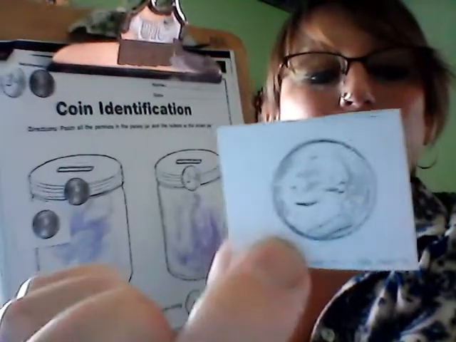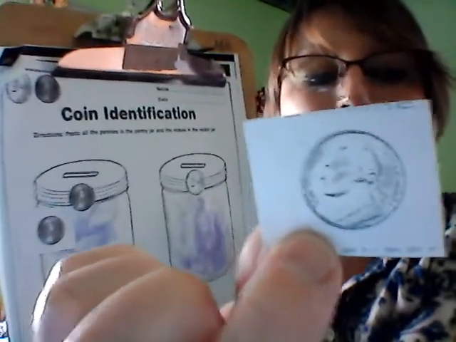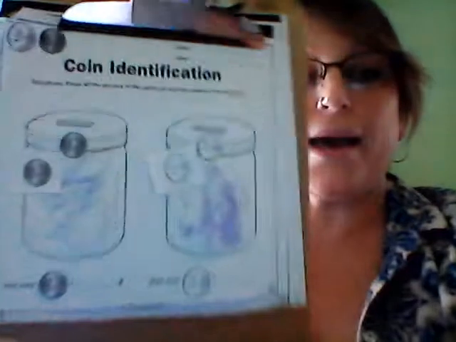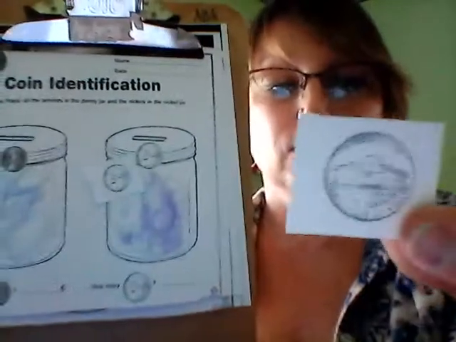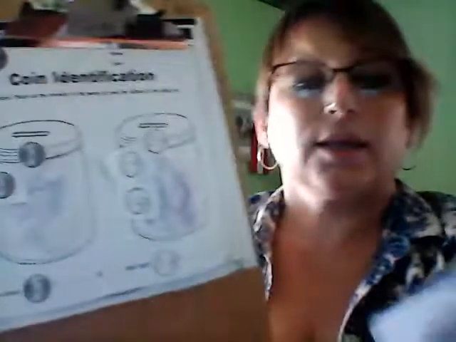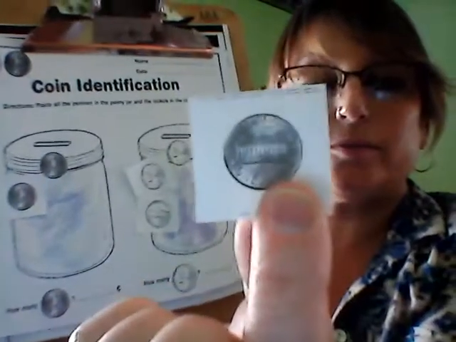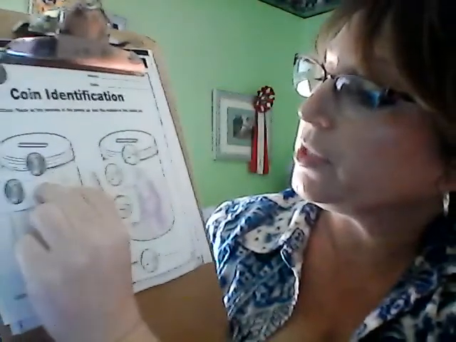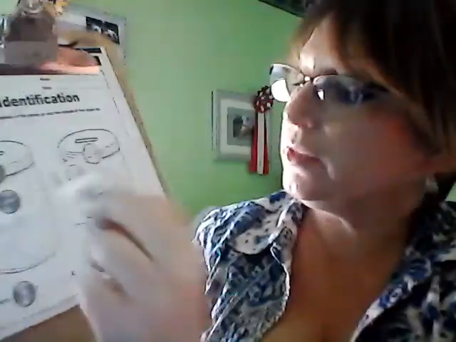The second coin is the front of a nickel. That goes in the nickel jar. This is the back of a nickel. That goes in the nickel jar. This is the back of a penny. Penny jar. Oh, another penny.